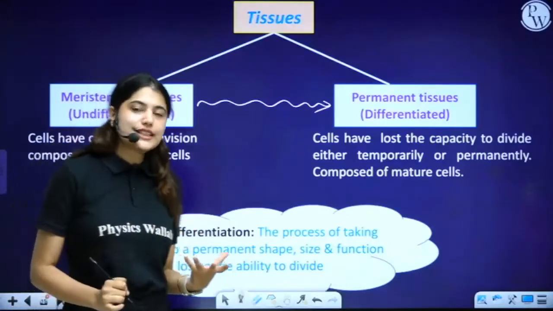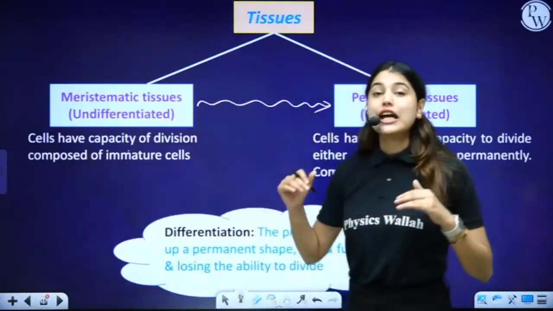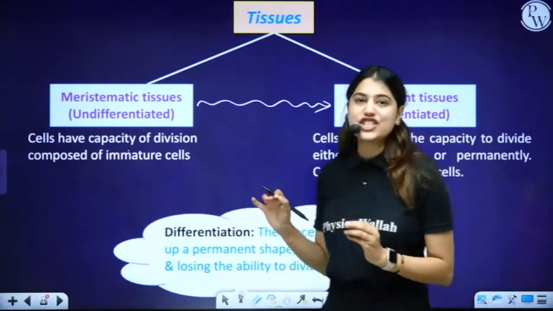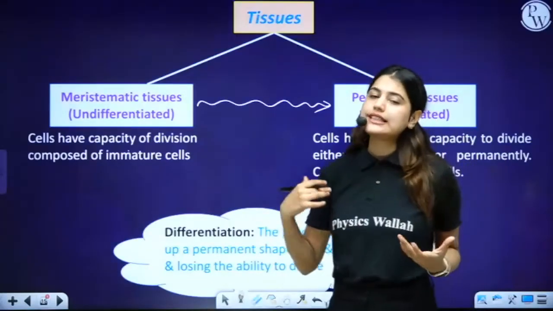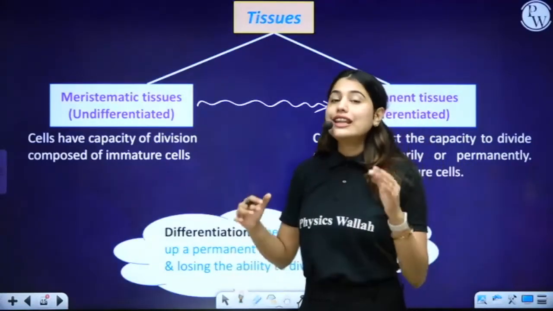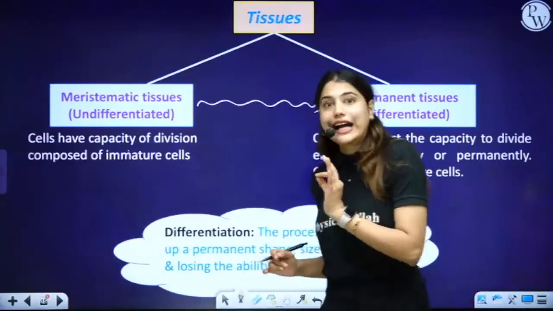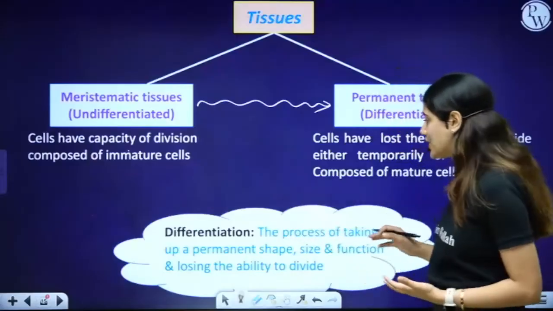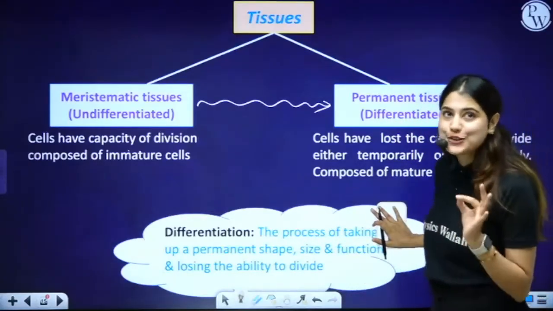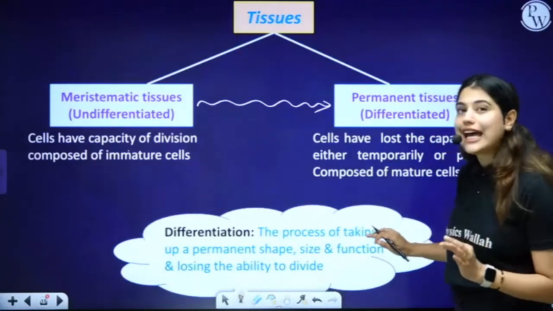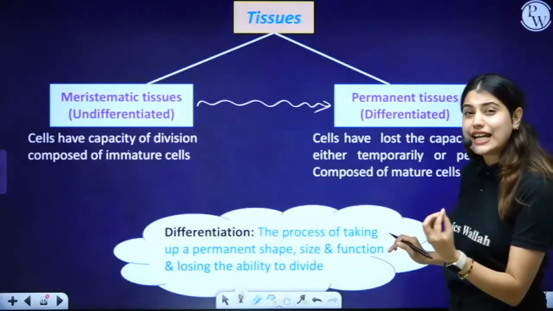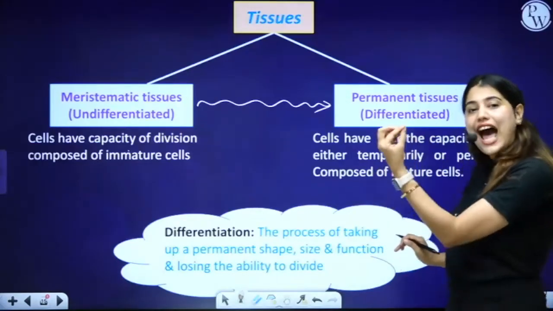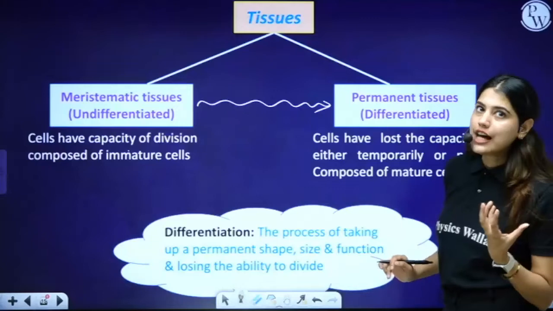And this process of specialization is called differentiation. Yes, once the cells undergo differentiation, they are no longer dividing. That is, they are losing the capacity to divide. So what is differentiation? It is a process of specialization where the cell is undergoing a specialized shape, size and function, but losing the ability to divide.